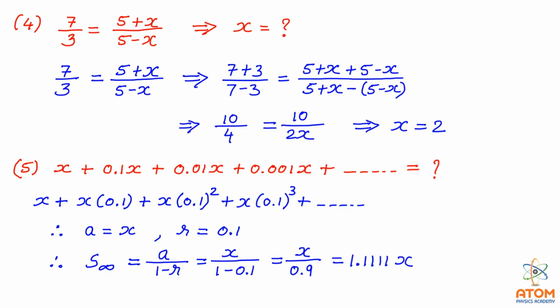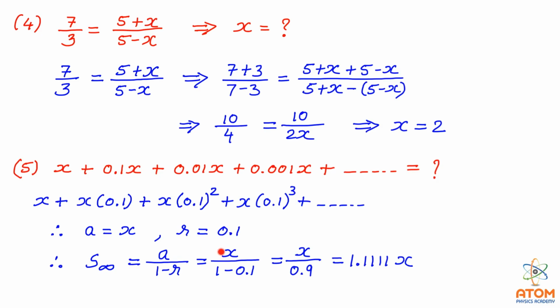Now you can see that this equation is similar to a plus ar plus ar square plus ar cube plus and so on, where a is equal to x for us and r is equal to 0.1 for us. You know that in such type of equation, the sum of infinite terms can be written as S infinity is equal to a upon 1 minus r.